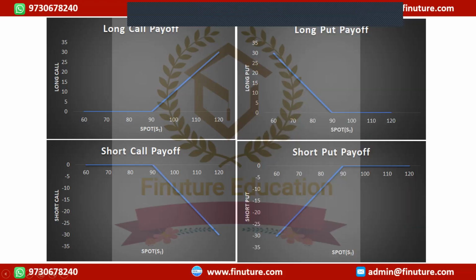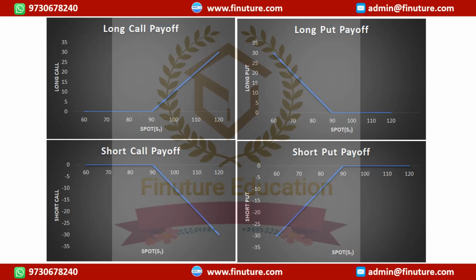Likewise, we can give the argument for put options also. Whatever is the gain for a long put option would be a loss for a short put option. So this is a summary of the last four slides that we saw. Now I think we have got a sufficient foundation to explore the bounds of the options.